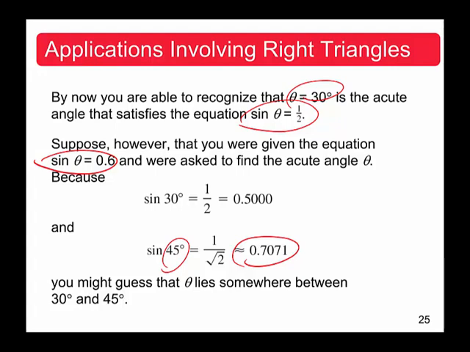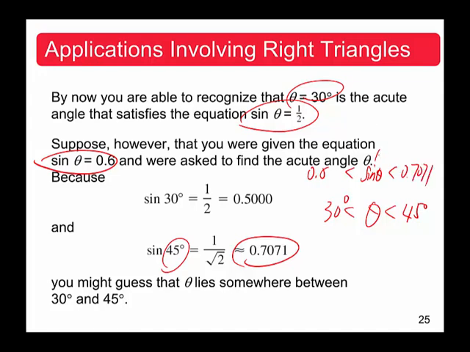So we use the trigonometric values to refer back to the angle itself. Angle theta here must be greater than 30 degrees and less than 45 degrees, because sine theta is greater than 0.5 and less than 0.7071.